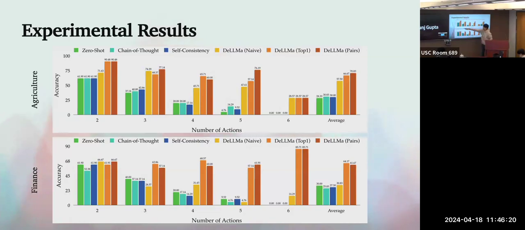For example, 2 is something like avocado versus grape, and 3 is like apple, avocado, grape, or something like that. So you can see that DeLLMa is actually really good, especially for higher number of actions, which is to us pretty amazing. And it's also interesting that all of the zero shot and chain of thought actually perform worse than random guesses. So it's pretty wild.